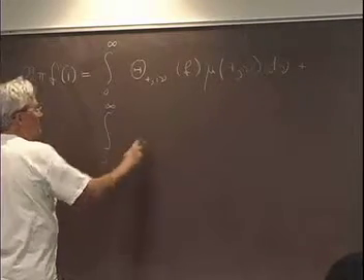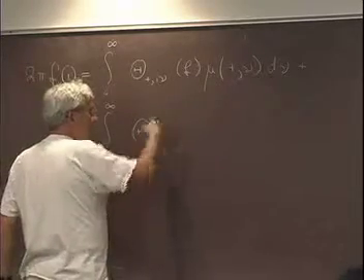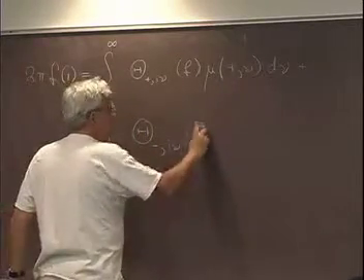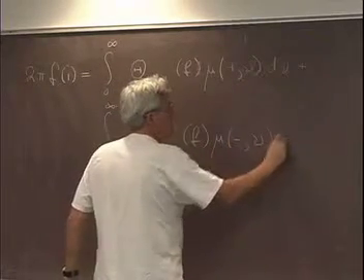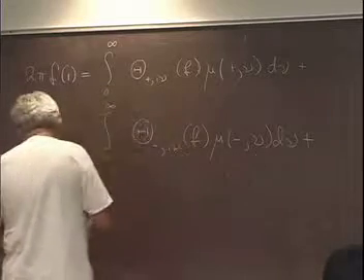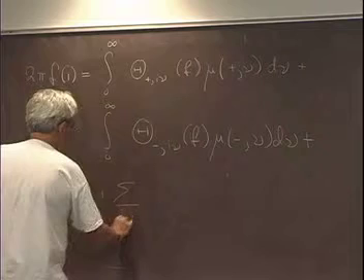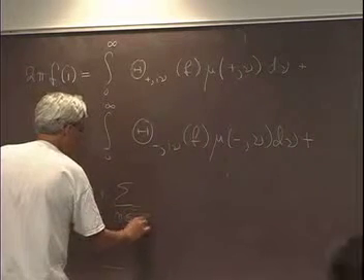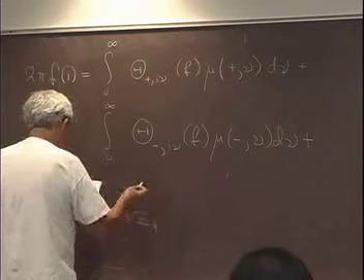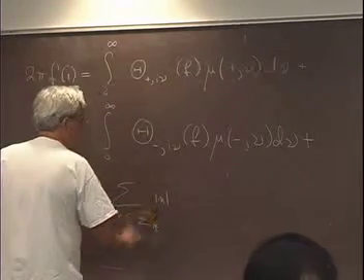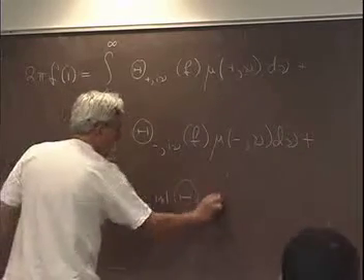Then there is a similar piece which comes from the other sheet of unitary principal series. And then there is the discrete part, which is the sum over discrete series. So these are integers n different from 0, absolute value of n, theta n of f.